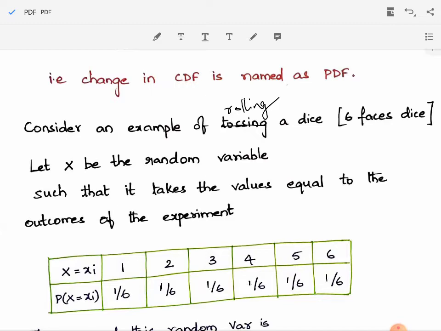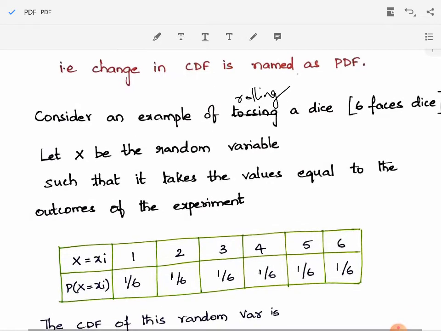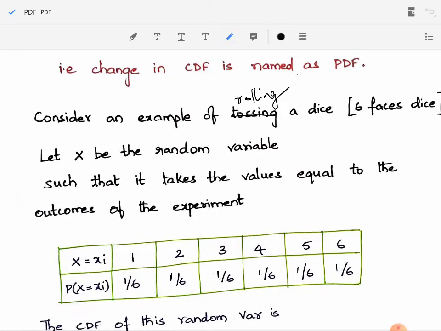And the probability of observing 1 when we roll the dice is 1 by 6, because total number of outcomes are 6, and in each and every case there is only one favorable outcome. So they are all 1 by 6. It is an example for equally likely events, because the probability of all the events is the same.